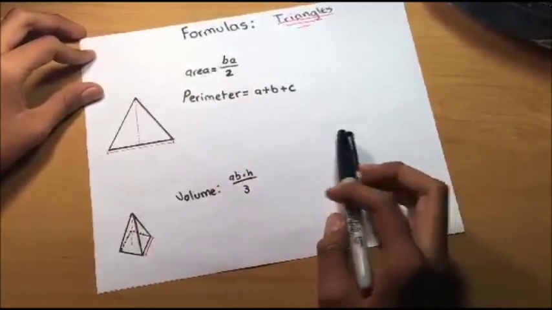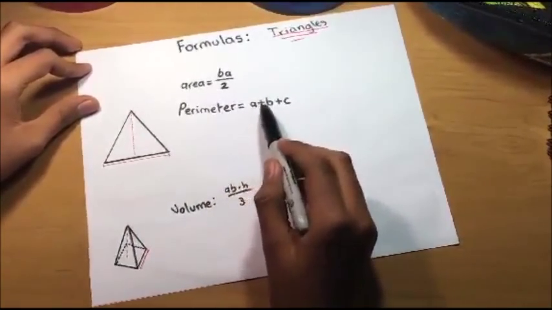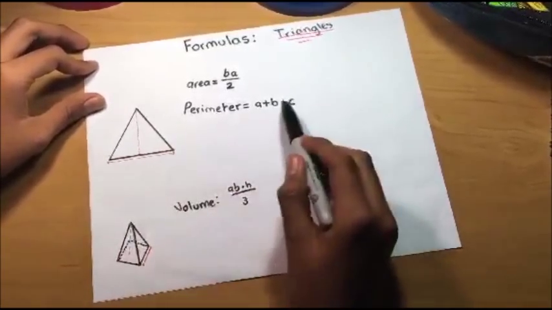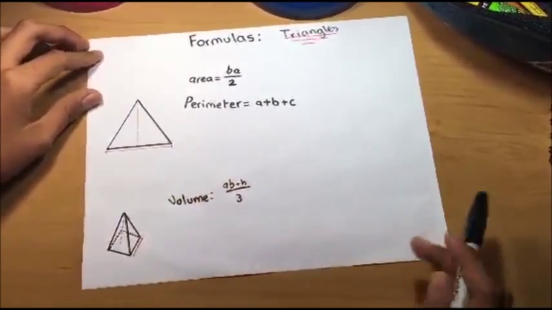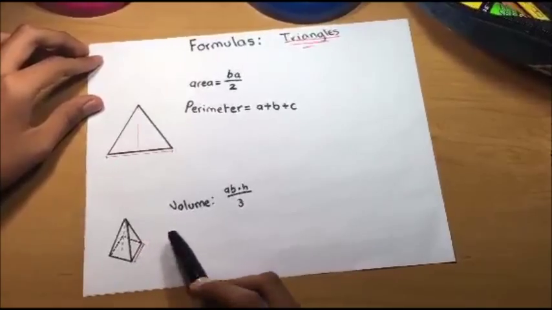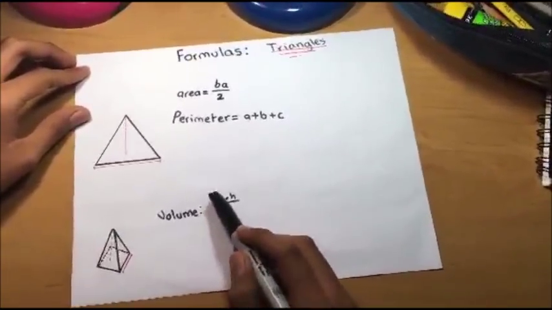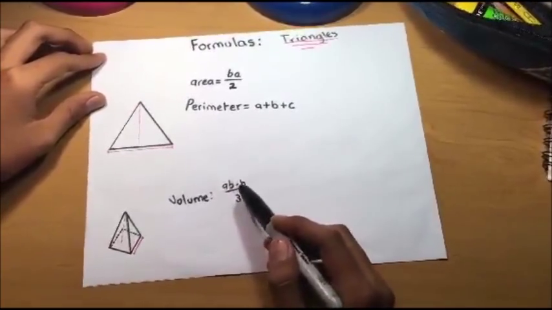For the perimeter we need this formula, A plus B plus C, where A is one side, B is the base, and C is another side. For the pyramid, what we are going to need is AB by H over 3. AB means the area of the base.